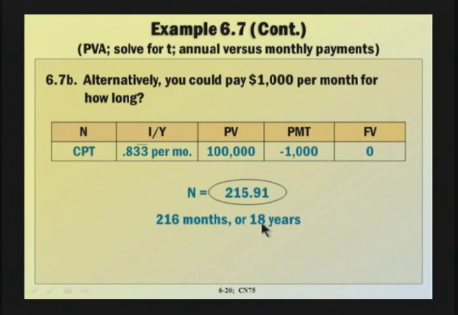It was 18.8 years when I paid $12,000 per year. $1,000 per month pays it off almost a year sooner, 8/10 of a year sooner. I don't have to make that 19th payment. I make 216 monthly payments and the loan is paid off.